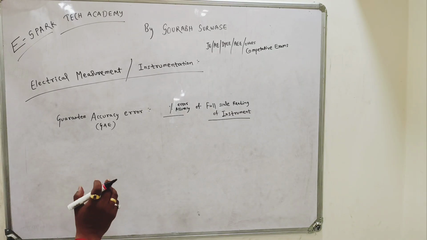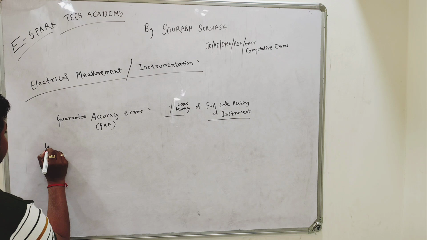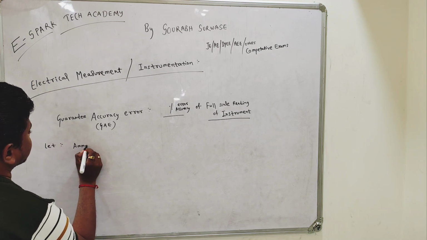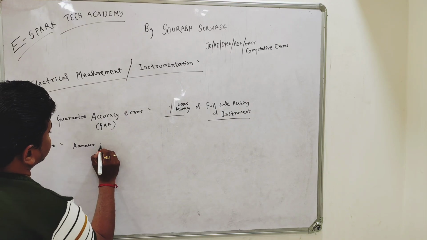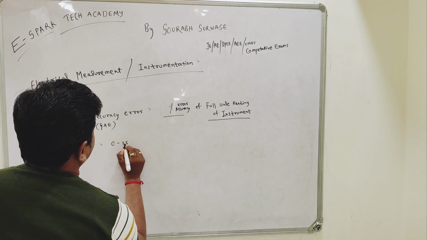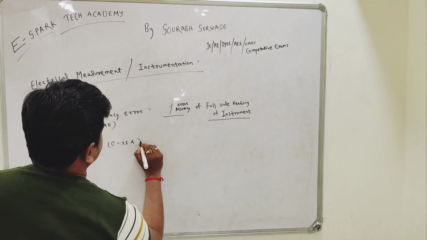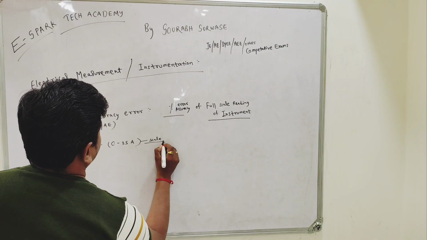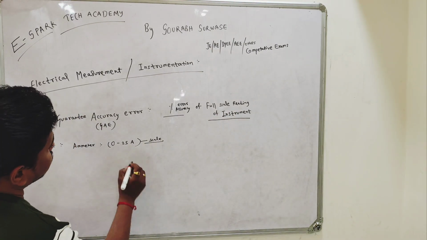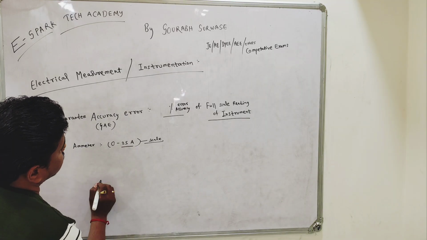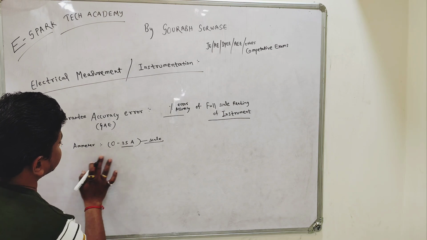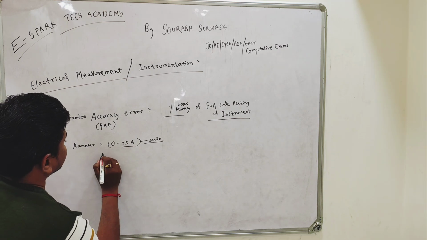Now we will take one example. Let the ammeter range be 0 to 25 ampere. This is the scale, meaning total scale. What is the full scale reading in this case? Full scale reading will be the highest reading, or you can say the final scale reading of that instrument.